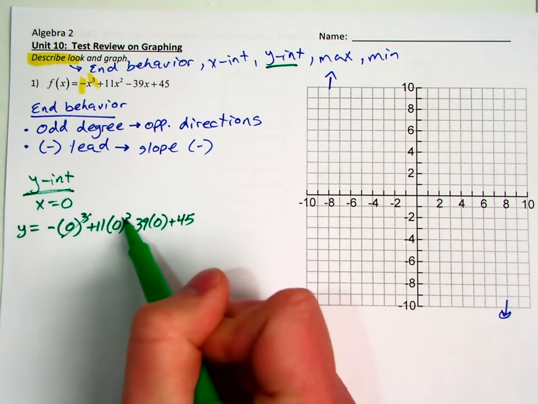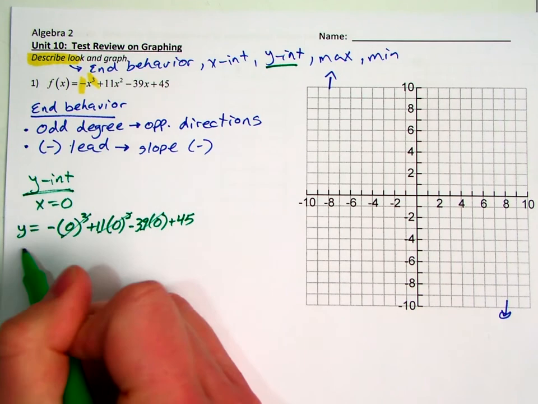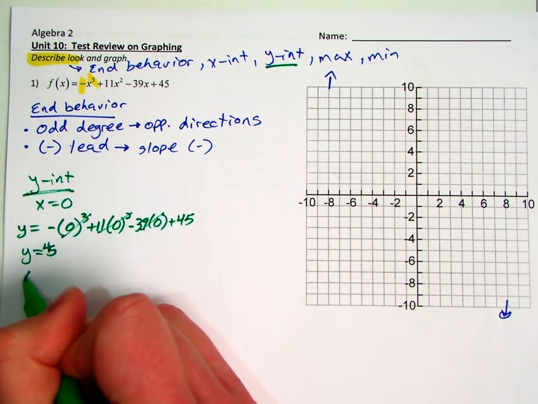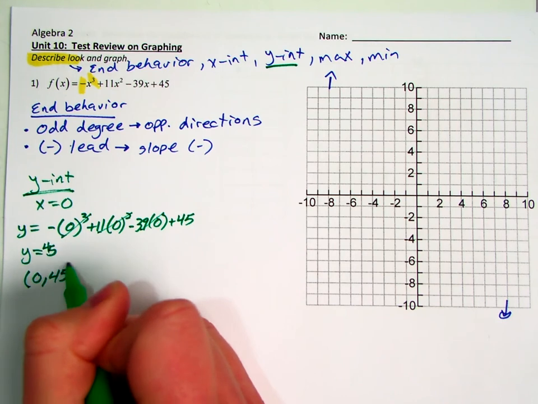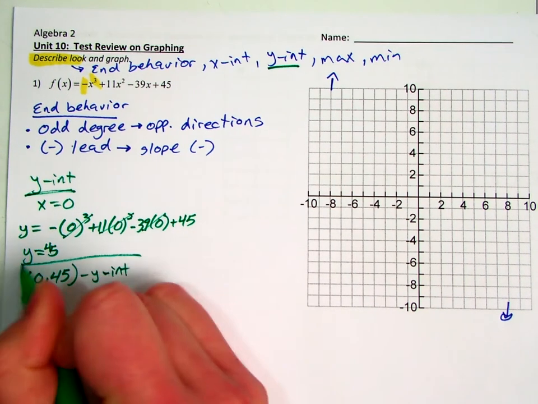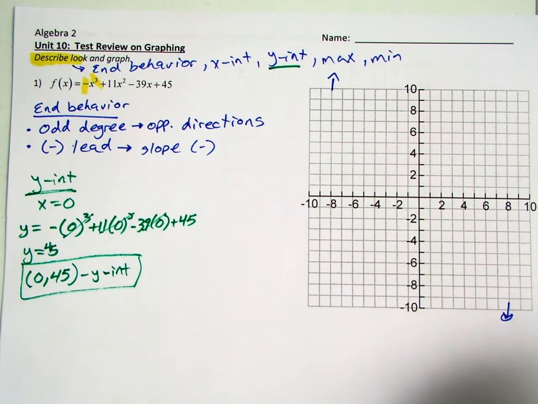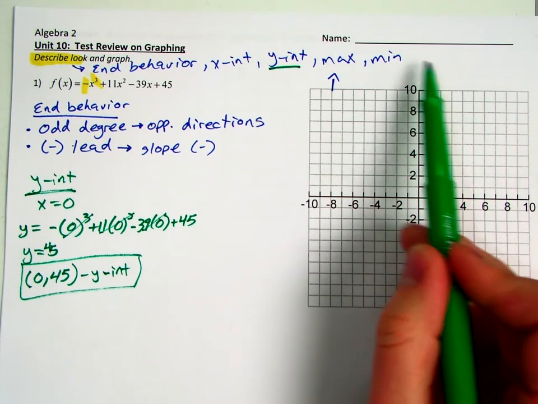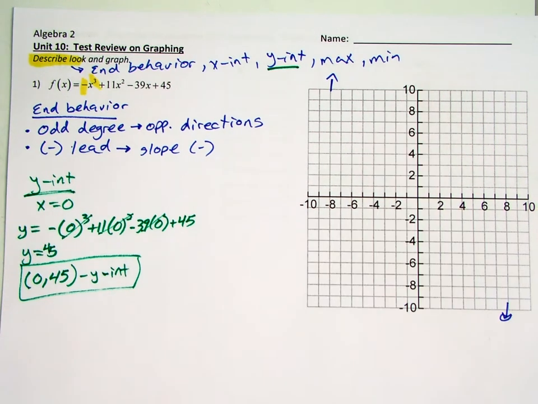Well, these zeros make those terms cancel out, so y equals 45, which means my y-intercept is at (0, 45). Plotting that on the graph would be a little bit difficult, so I'm not even going to worry about plotting that because it goes way off the graph.